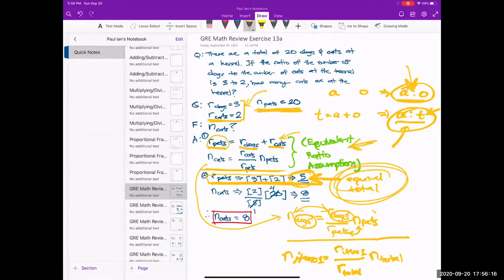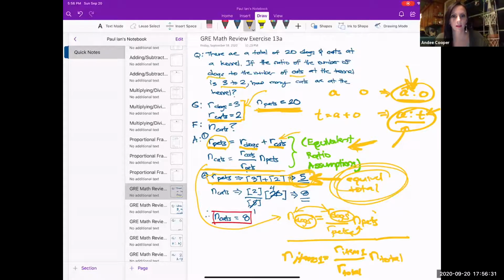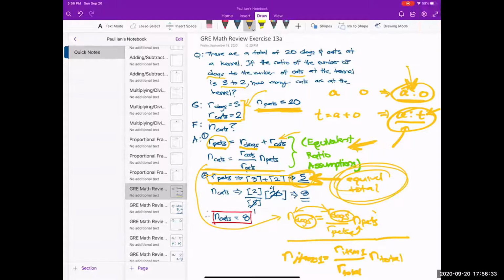Yeah, this part, like I said, is just one of those strategies where once you see it, when you read this question, you see 3 to 2. It's not a total ratio, right? It's dogs to cats. It's a relative ratio. So every time you see a relative ratio, but they want you to compare the total, you have to add them.